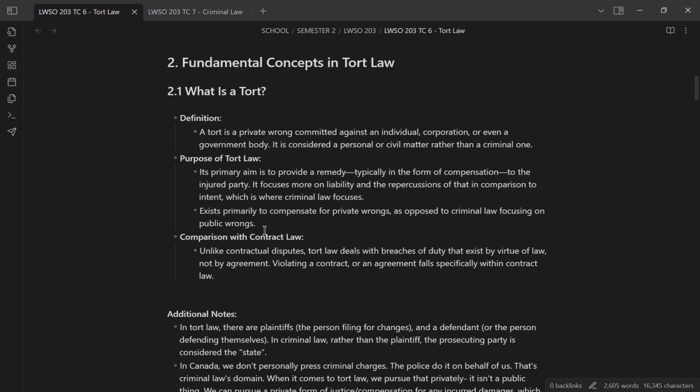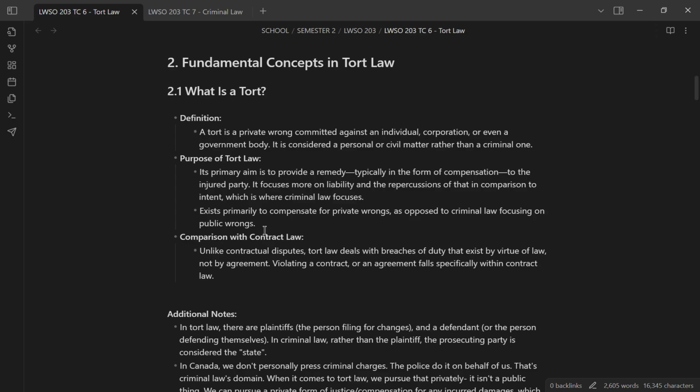So, just looking at the objectives again, we already have one of our primary purposes established here. Again, one of the primary differences when it comes to criminal law is that it's about establishing intent, establishing guilt, dispensing justice, while tort law is about compensation, remedying, and more about liability, right?